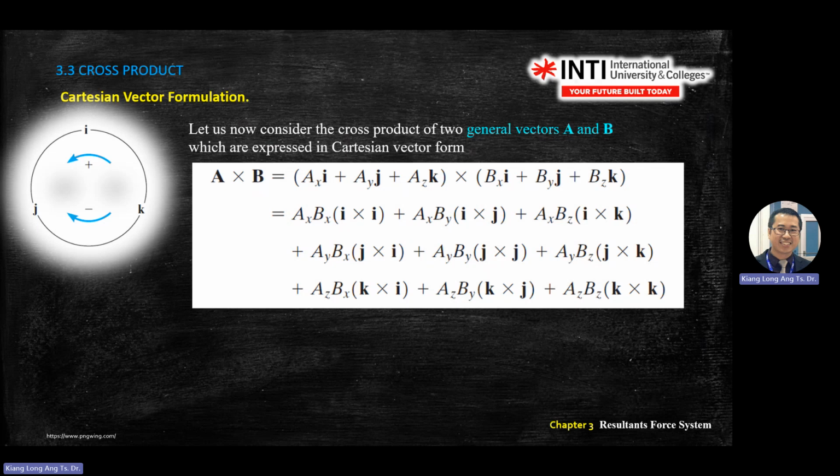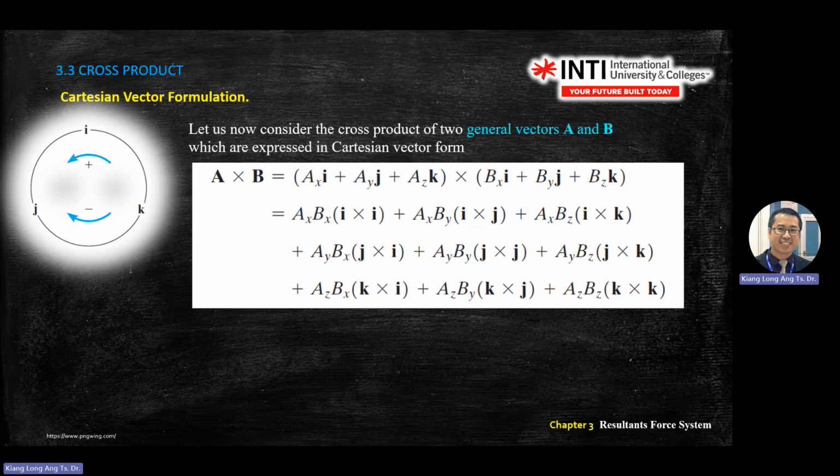AB sine theta. So you get AX BX sine theta, and sine 0 is 0, because I to I has no angle. So you get 0, but you still have AX BX bracket, I cross I.